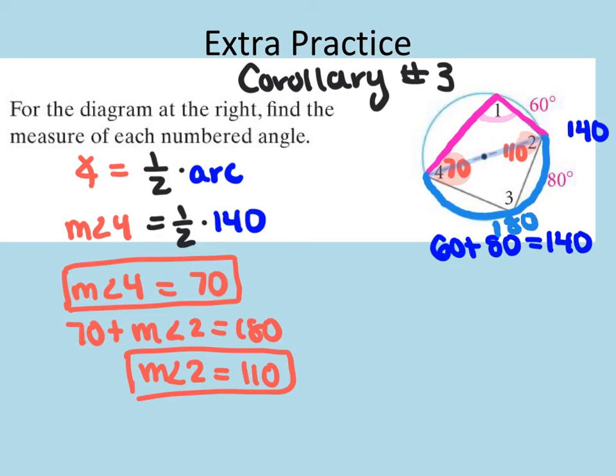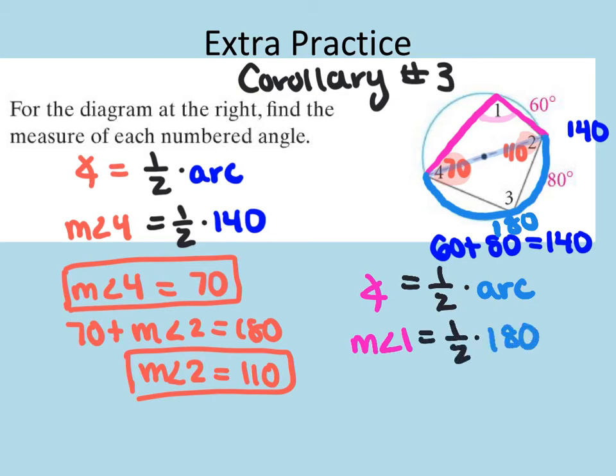So if I use my theorem that the angle should equal 1/2 times the arc for the second part of this problem, I could say that the measure of angle 1 should equal 1/2 times the arc of 180, giving you that the measure of angle 1 equals 90. So I can fill in that this is 90.